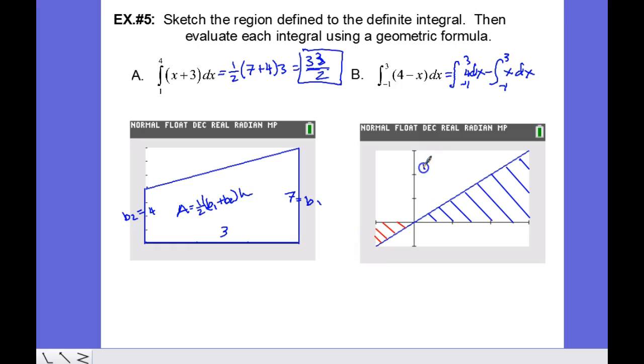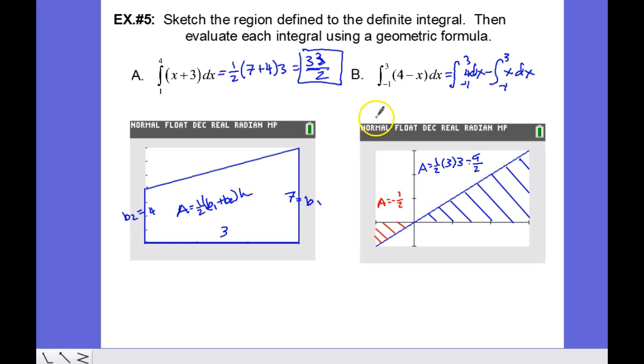So this area is going to be 1/2 the base of 3 times the height of 3, which is equal to 9/2. This area is going to be a negative 1/2 times 1 times 1.